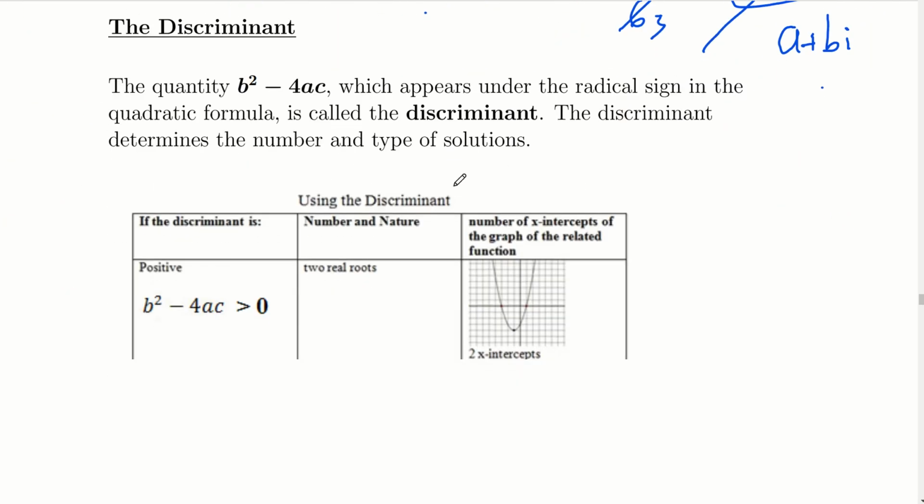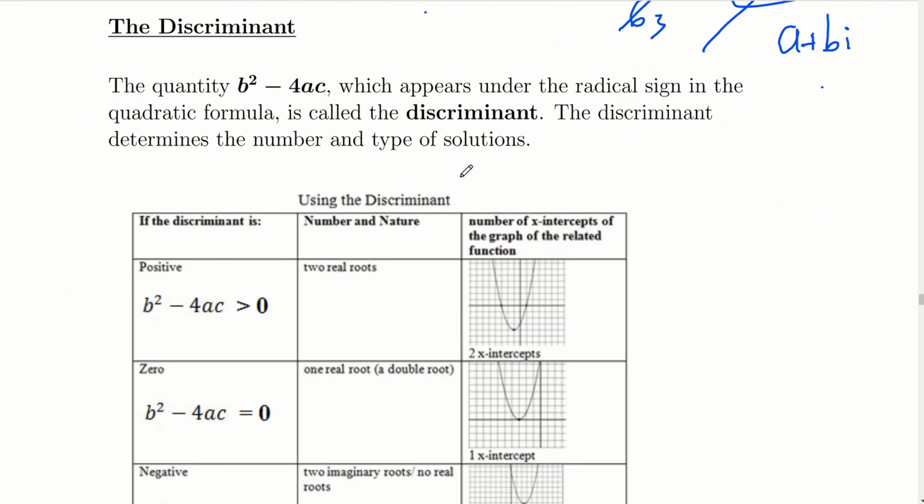The last thing we're going to cover in this section is what's called the discriminant. The discriminant is actually the portion of the quadratic formula that resides underneath the square root. And what the discriminant tells us is the nature of the roots that we get.